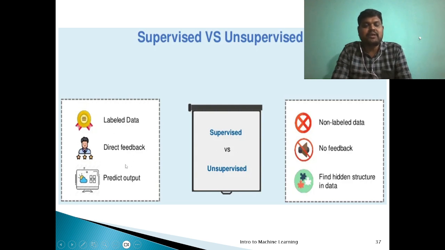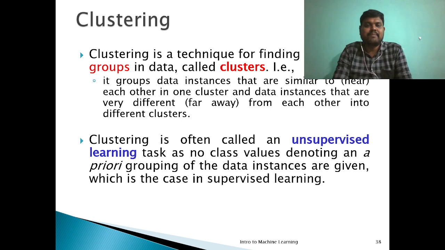It will predict the output based on the labeled data, the experience and feedback, for a new data point. Whereas for unsupervised, it is non-labeled data, there is no feedback, and it is used to find the hidden structure in the data, right?